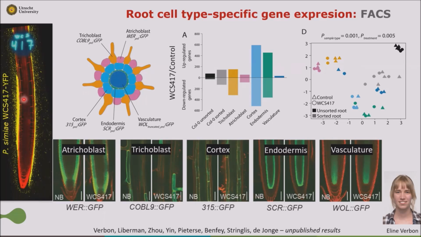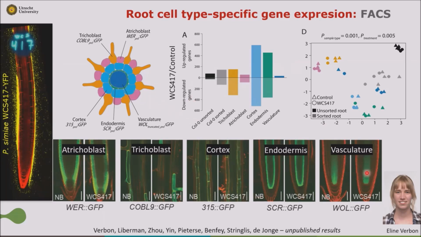So for this, we used 5 different reporter lines. A reporter line that expresses GFP only in the trichoblast, which are the cells that form root hairs, only in the trichoblast, these are the purple ones, only in the cortex, these are the blue ones, only in the endodermis, these are the green ones, and only in the vasculature, which are the dark blue ones.